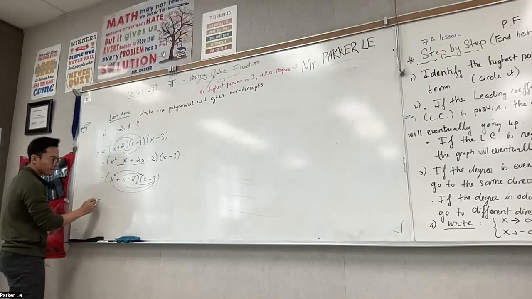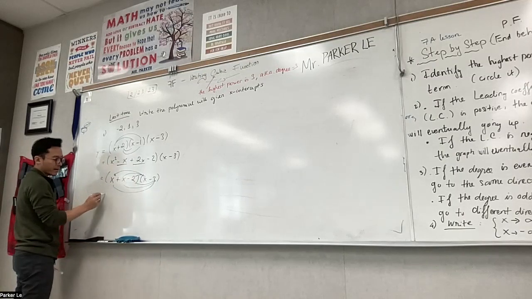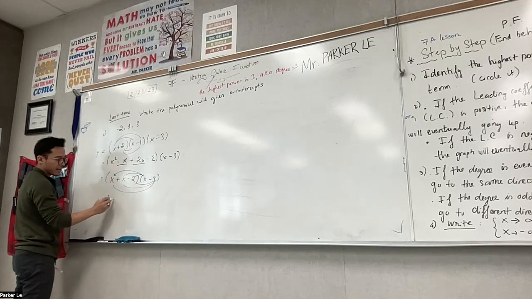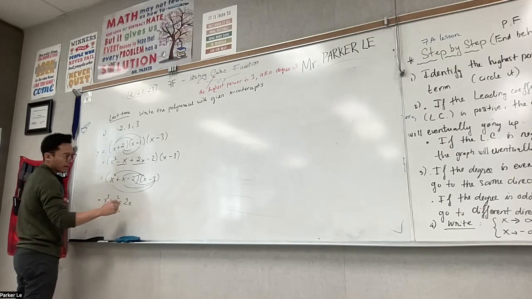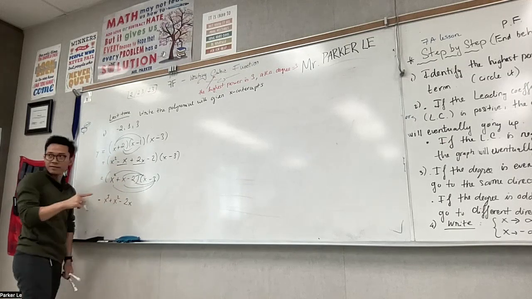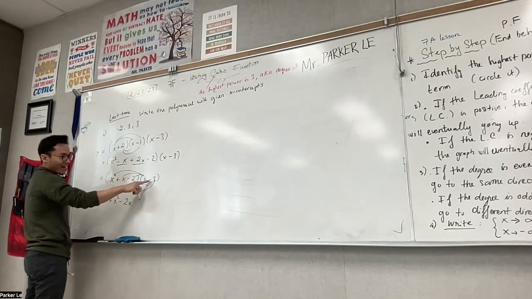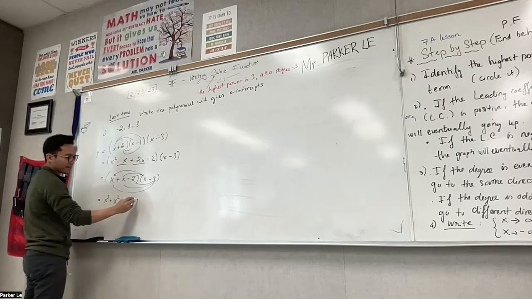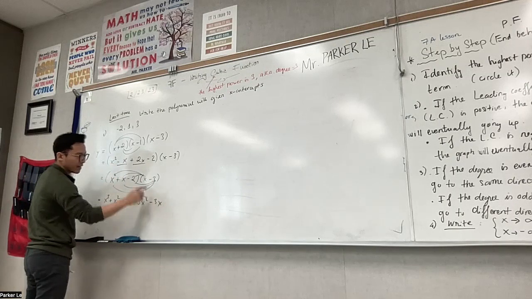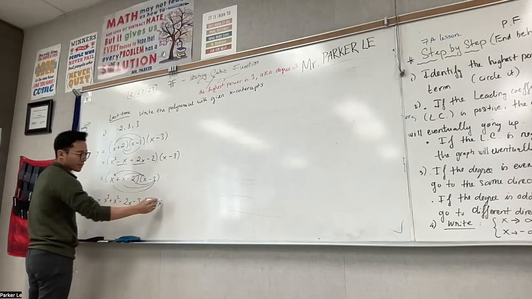What is x times x squared? X times x. X times negative 2. Negative 3 times x squared. Negative 3 times x. Negative 3 times negative 2.